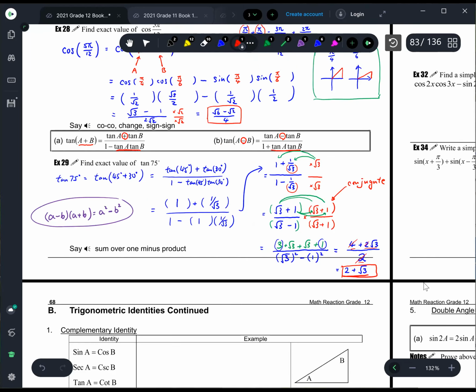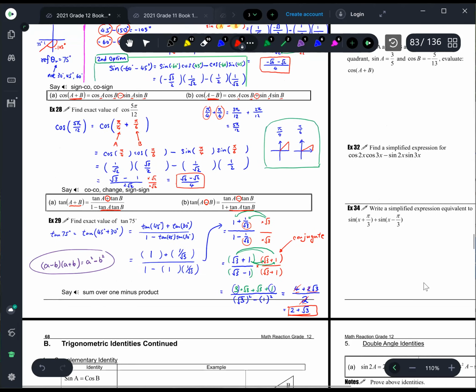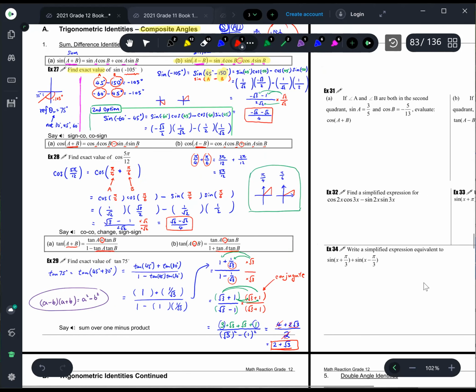So I think plugging into the formula is not the hard part. In this case, how to simplify properly is the most important. So this week, you just need to get yourself familiar with all six identities.